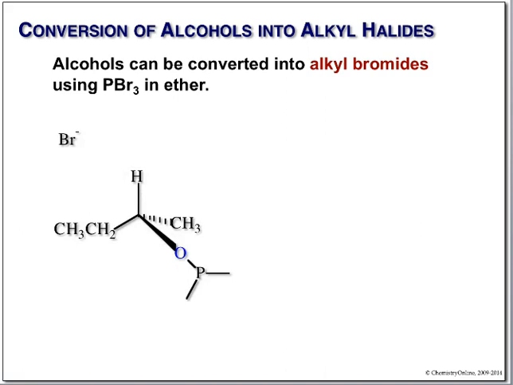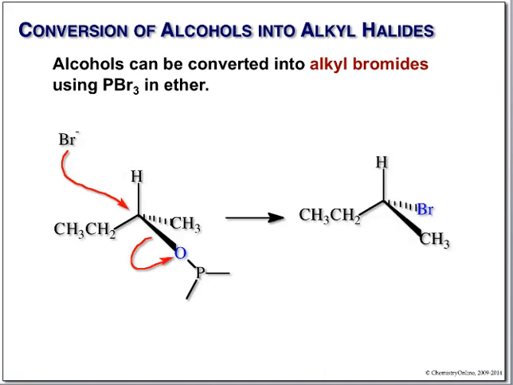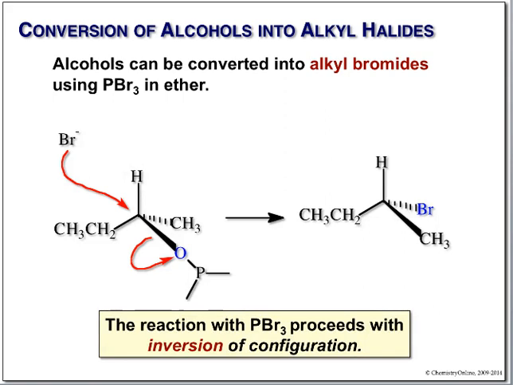In our SN2 step, bromide's going to come in, this guy's going to leave, and we will wind up with the alkyl bromide. But because this is the highest priority group and it was forward, the bromide is now behind it, we have inversion of stereochemistry.